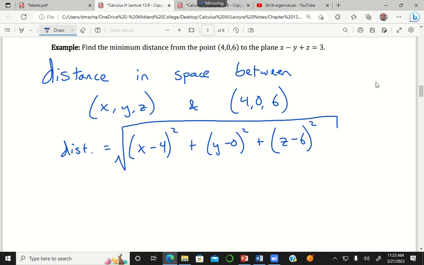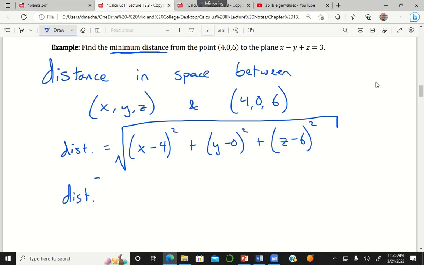And we did this at the very beginning of the semester, where we calculated the distance between points in space using that formula. But if all I'm trying to do is minimize the distance, I don't have to specifically minimize just the distance.